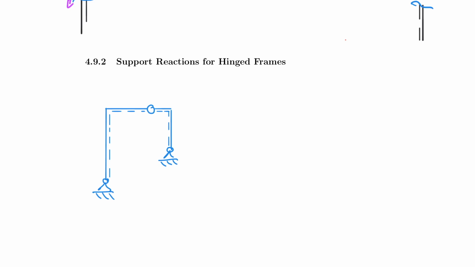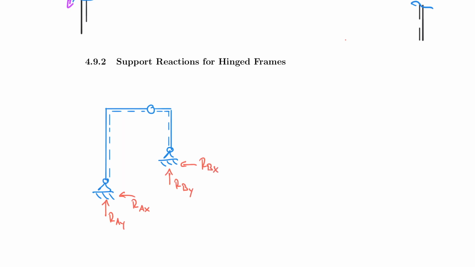And that looks strange at first glimpse because we have 1, 2, 3, 4 support reactions, and that is usually difficult for us to solve. So let's say I call this RAY and this RAX, then RBY and RBX.